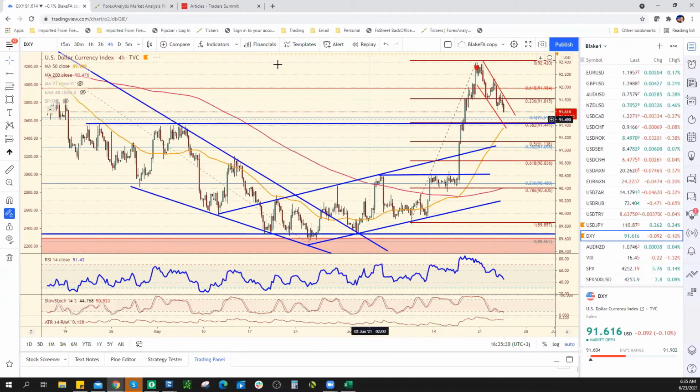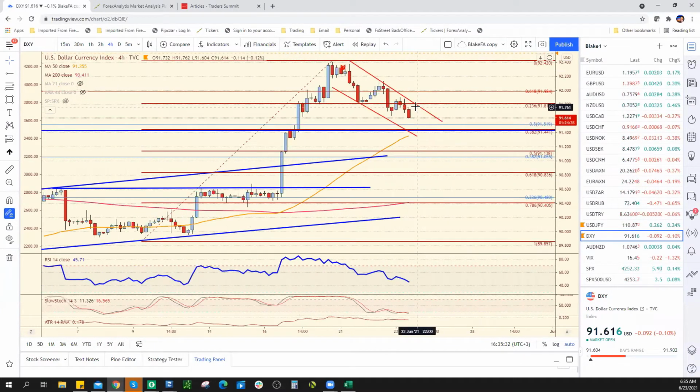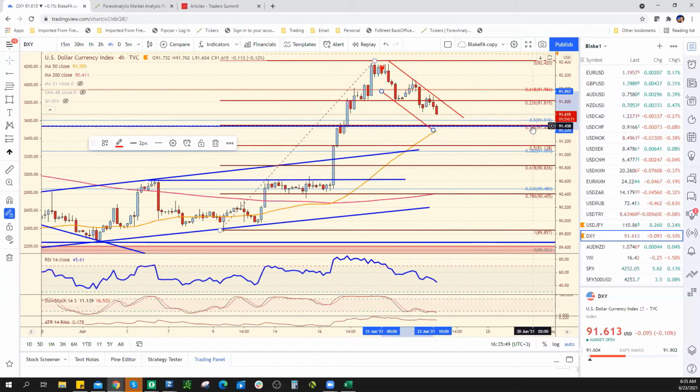Resistance will be obviously this channel, but remember, everything's in a wedge. This might actually be a wedge too. The rest of the dollar pairs pretty much look like this, so I think we have to prepare for either. The 38% retracement again is 91.45. Resistance will be 91.90.